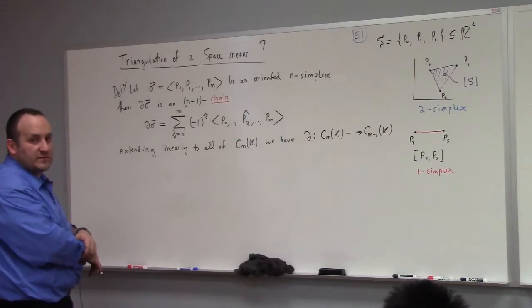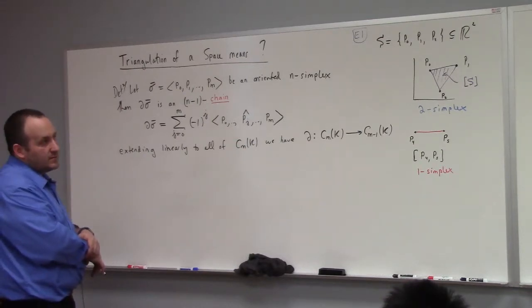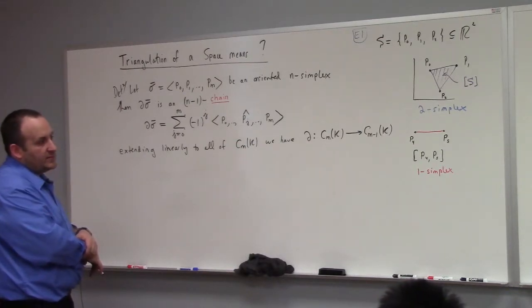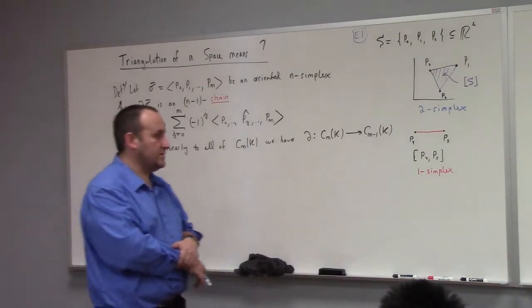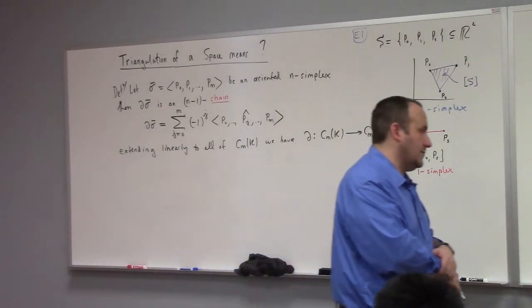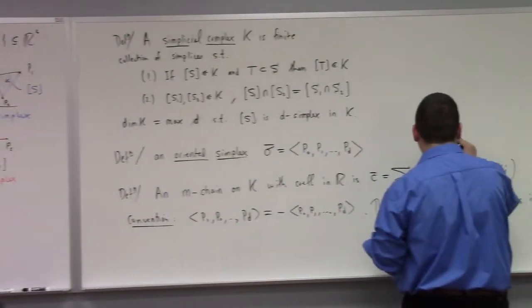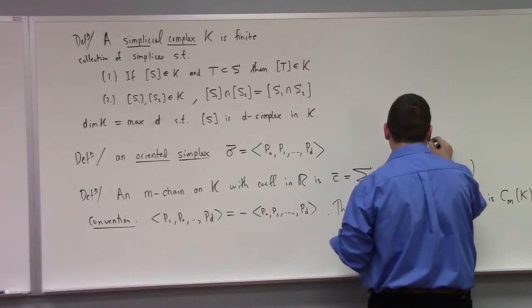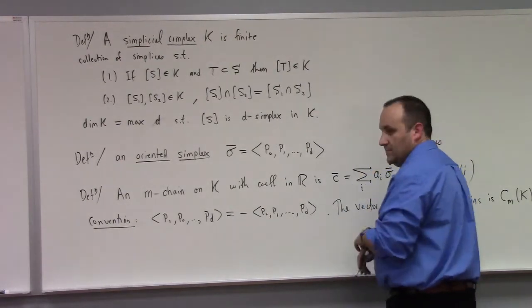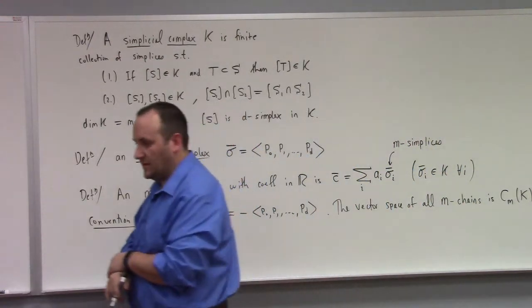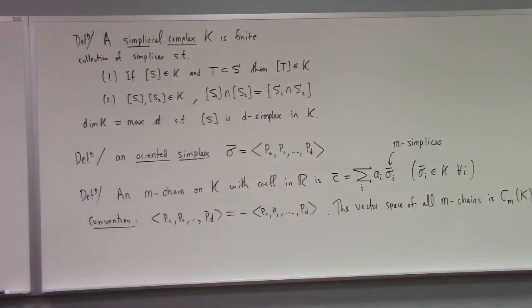In which definition? The m chain definition. Good question. These have to be m simplices. Very good question, King. Yes, thank you. Good point. It's kind of important to not have said. My bad.